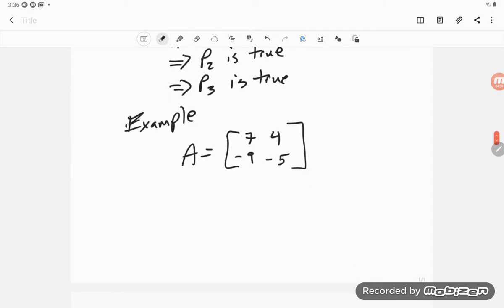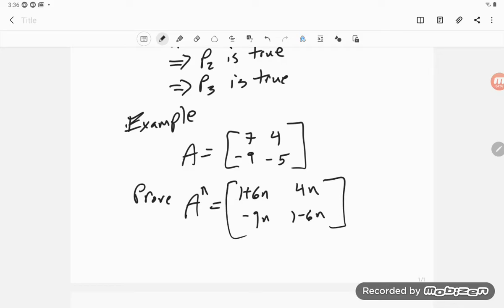And they say, show or prove that A to the n is the matrix 1 plus 6n, 4n, minus 9n, and 1 minus 6n. Very interesting. And that's for n greater than or equal to 1.